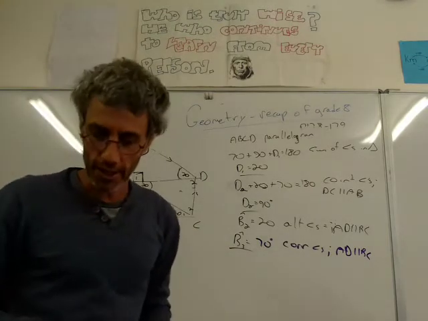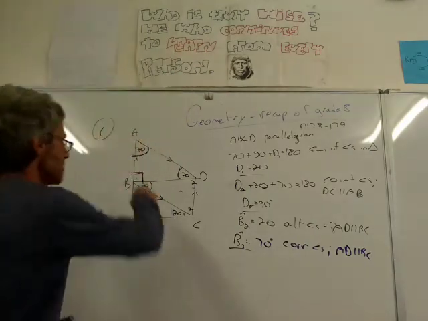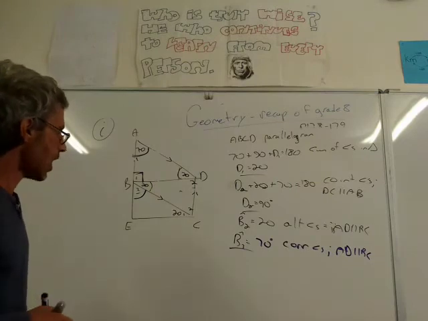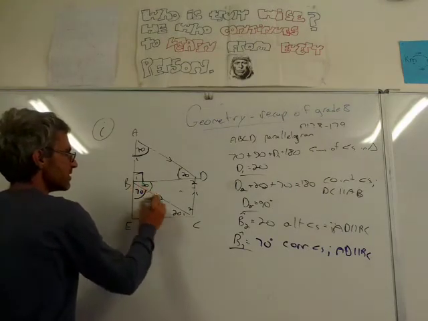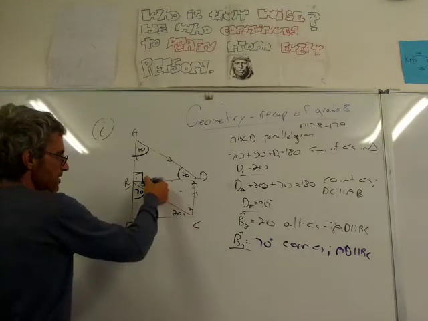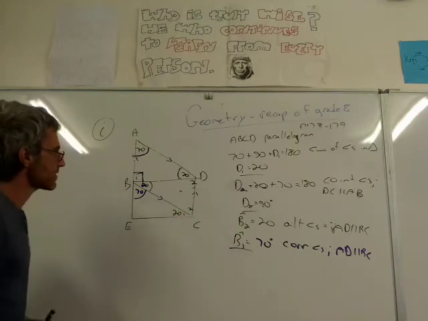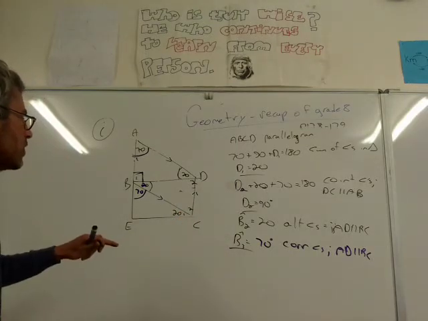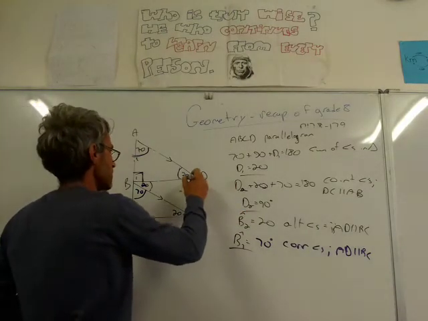Now, if you look at the question, what they ask you to do is prove that BECD is a parallelogram. I know that this is 70. I know that this is 20. And D2 I found is 90.